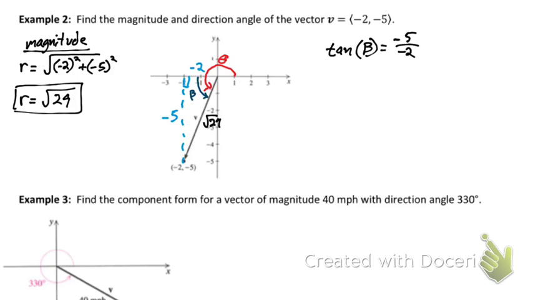What's really cool about using tangent is it will always be your b value over your a value. If you get good at this, it is just that value over that value every single time. Well, I don't care what tangent beta equals, I care what beta equals. So I need to take the tan inverse of both sides, which means I'm going to have tan inverse of 5 over 2.